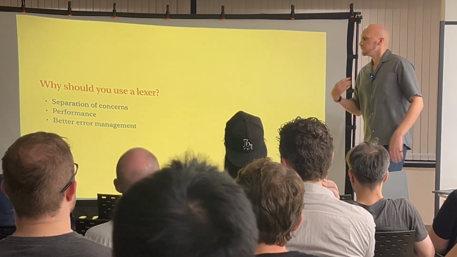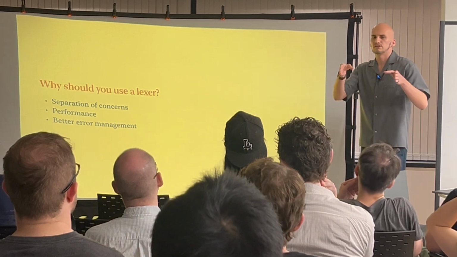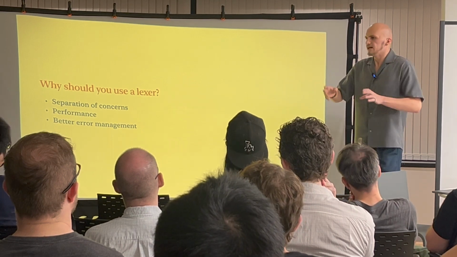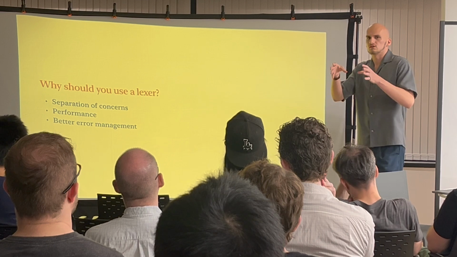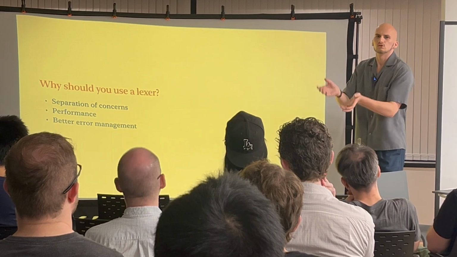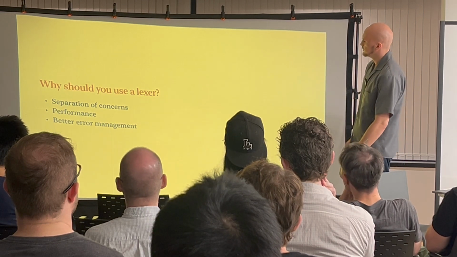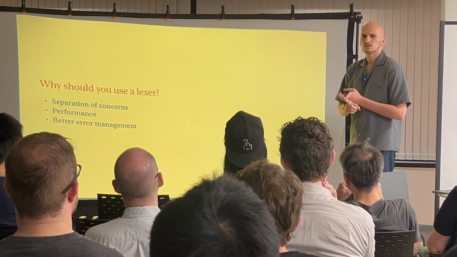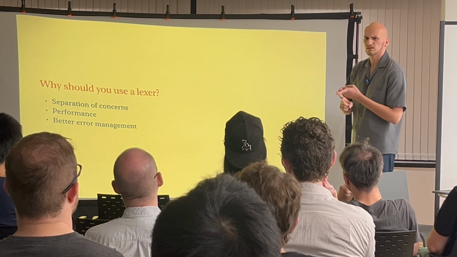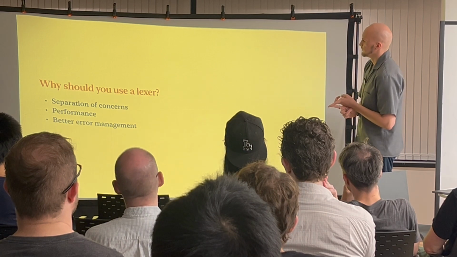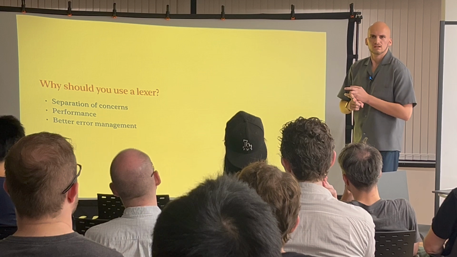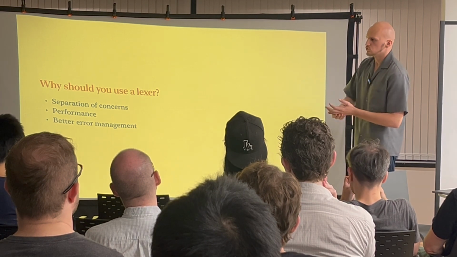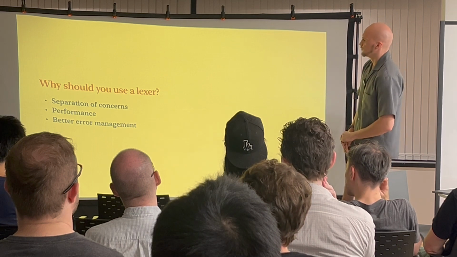You can separate the process of taking the raw input to some kind of abstraction, and then that abstraction into your final data structure. Another good thing is performance, mostly because lexing can generally be done in one pass, in linear runtime, followed by the parser, which can take advantage of this abstraction to also be quite performant.